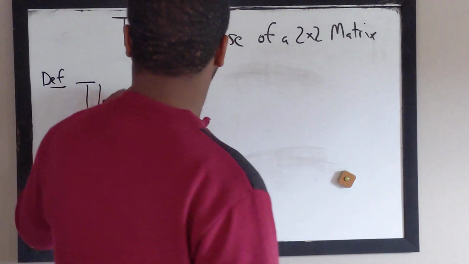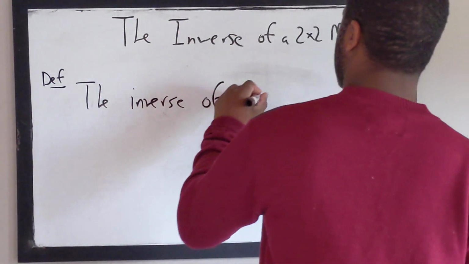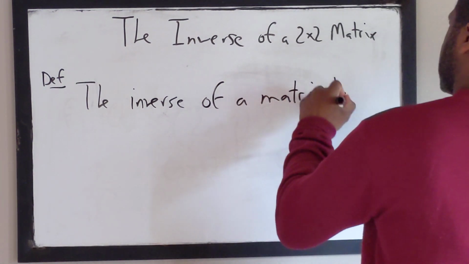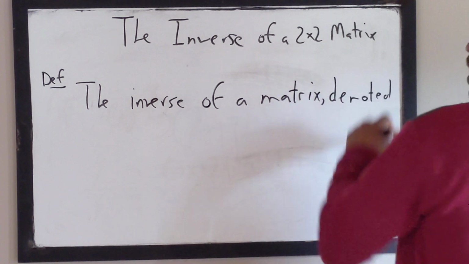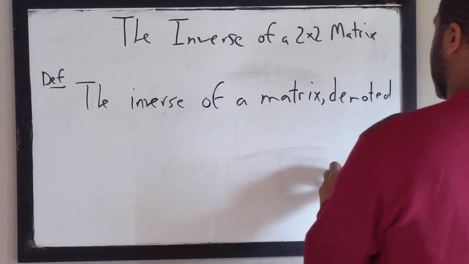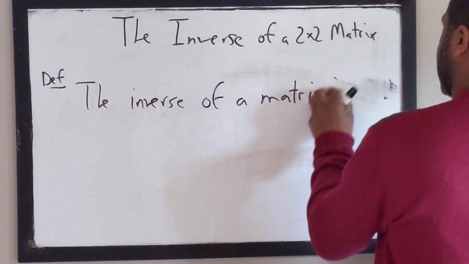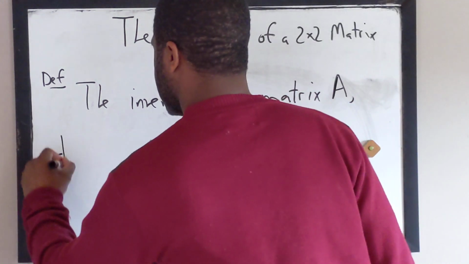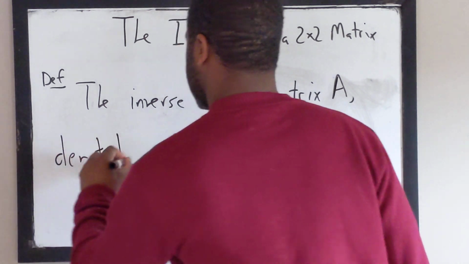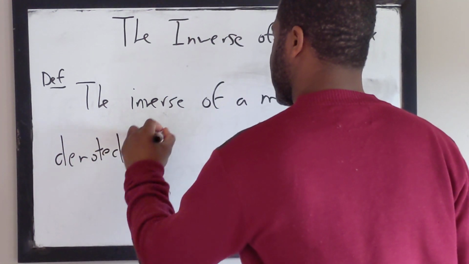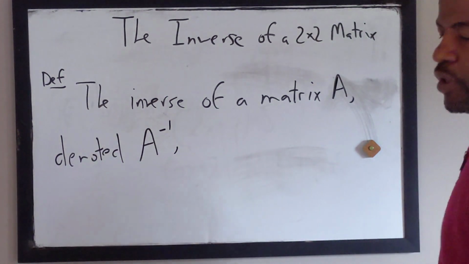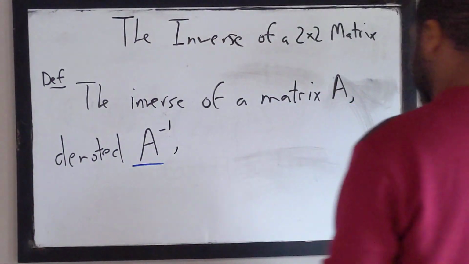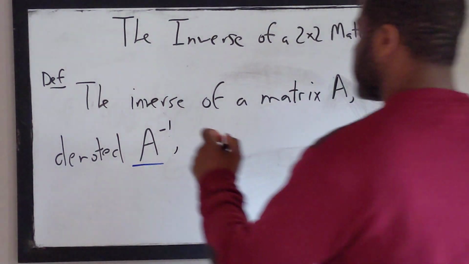The inverse of a matrix, now be careful, of a matrix A, denoted A inverse. I want to underline that because this is something that we'll see all the time.